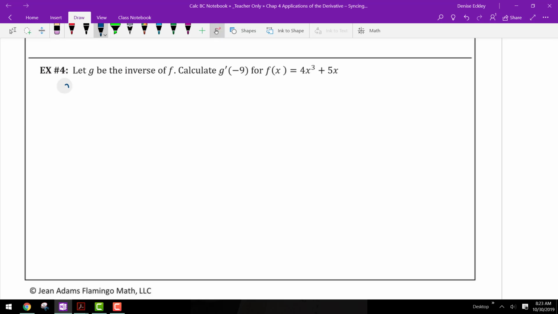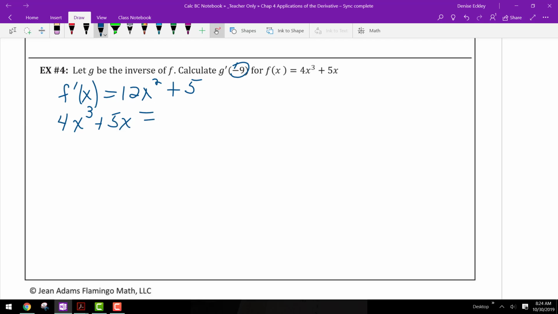So f prime of x is going to equal 12x squared plus 5. And then I need the y that goes with -9. So I'm going to set 4x to the third plus 5x equal to that -9, because remember, the a and the b are switched.